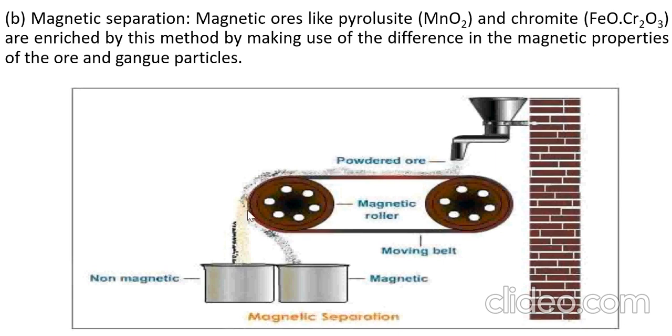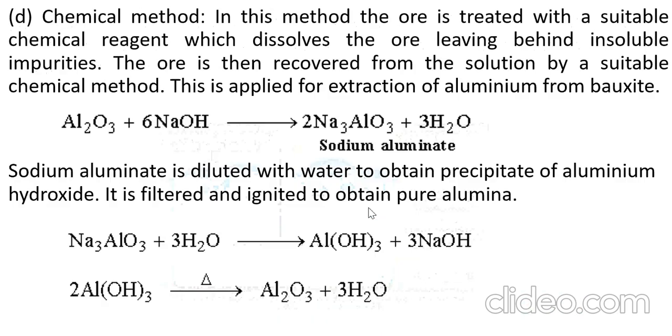So in this way, you can separate the gangue and your metal. Is it clear? This is suitable for pyrolusite and chromite ores, right? Here you can get manganese, and here you can get either iron or chromium.